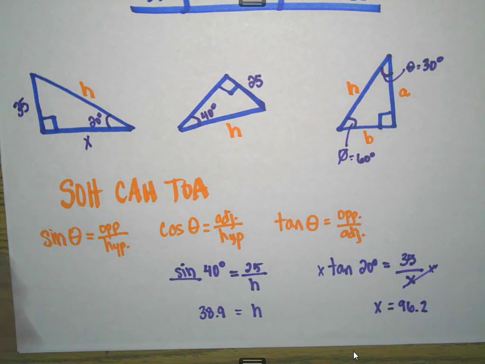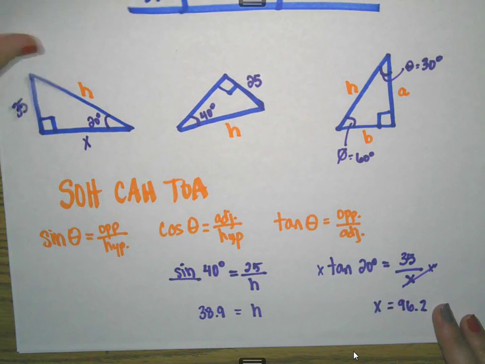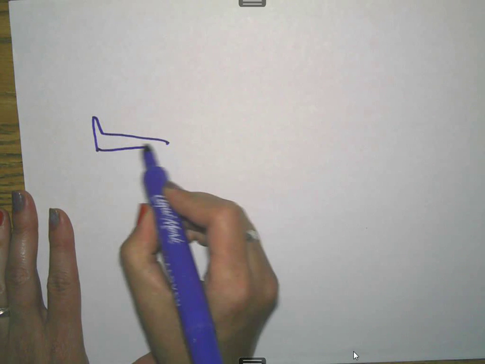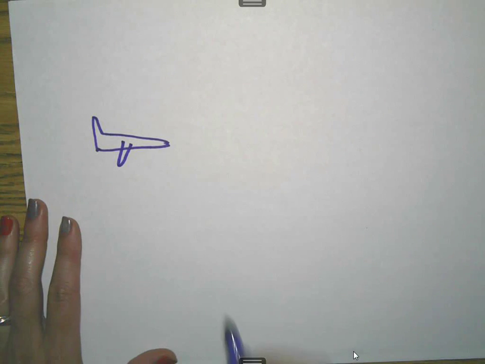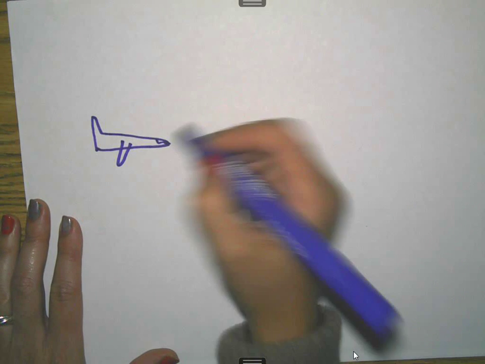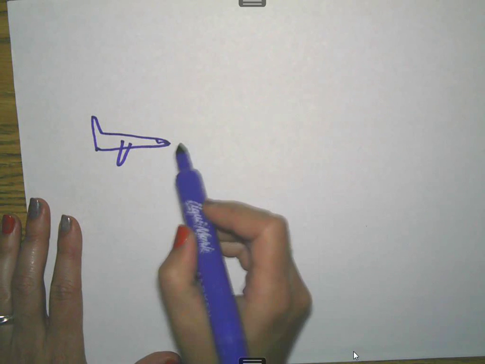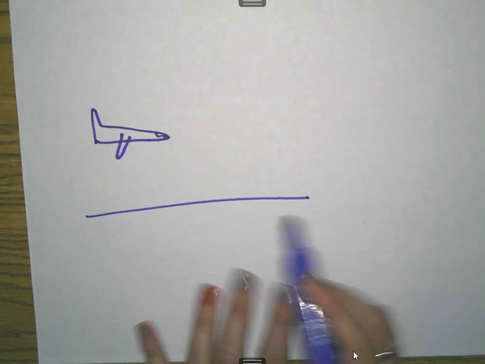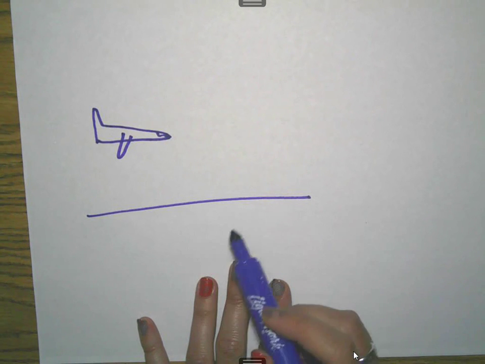Okay. One more thing dealing with triangles that should be mentioned for class is that in our word problems, the word problems will refer to some sort of an angle. So for example, if it talks about an airplane, and you have an airplane here that is flying along through the air, here's the ground, and it says that the plane is flying at an angle of 30 degrees to the horizontal.